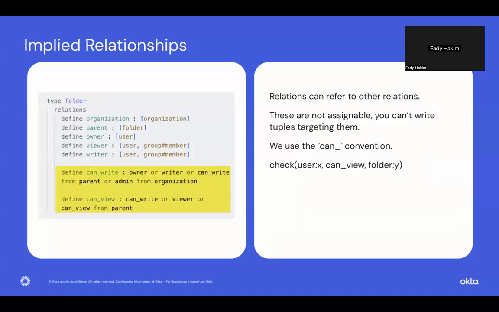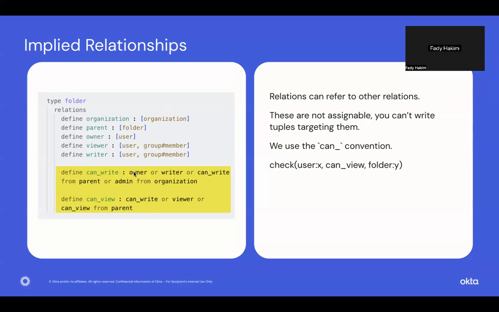All right. The other one is implied relationship. So implied relationship, that's what you're going to actually use in your app to ask if two objects have a relationship to each other. So in my demo, I have printers. The app always asks FGA, can this user view this printer? So here you can see I actually define an owner as a user, but then I said can write, which is the implied relationship that I would be asking for.